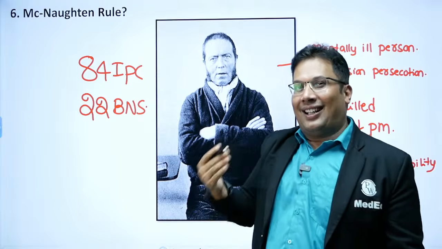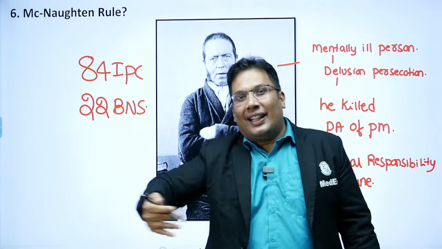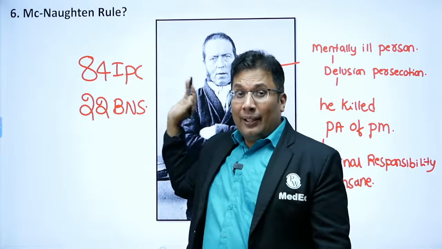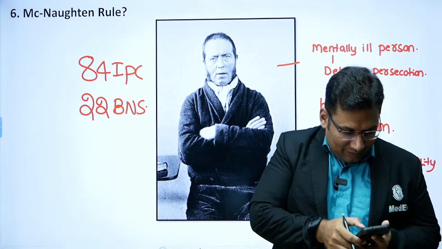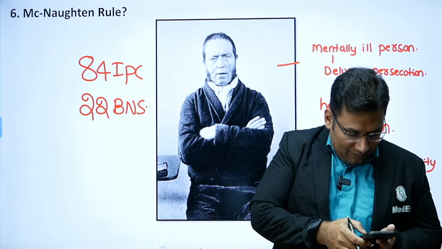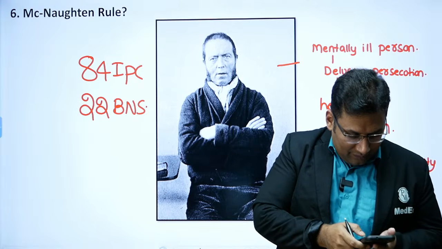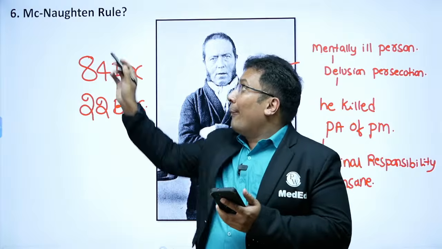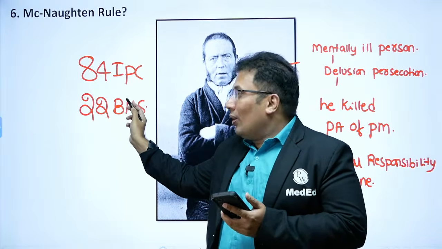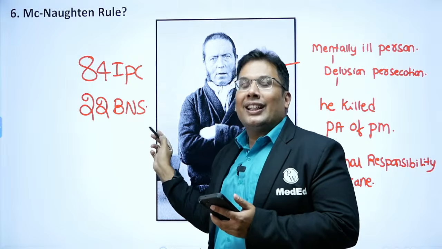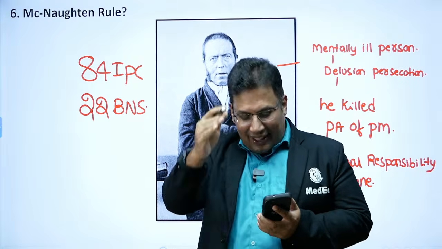You need to write it, Aishwarya and others, keep writing. This is a very, very important MCQ. McNaughton is equal to 84 Indian Penal Code, 22 Bharatiya Nyaya Samhita. Yes, keep writing.